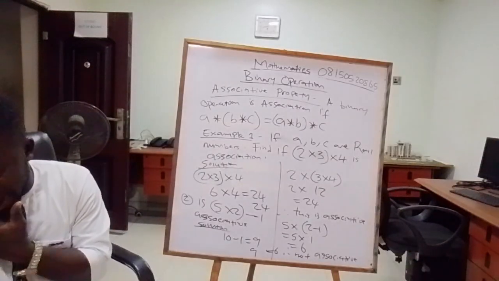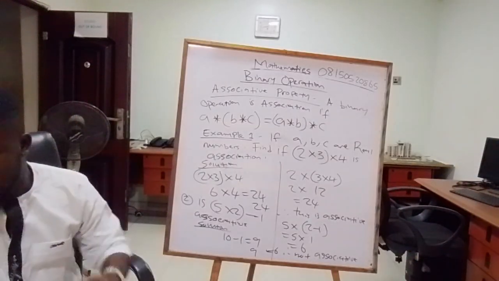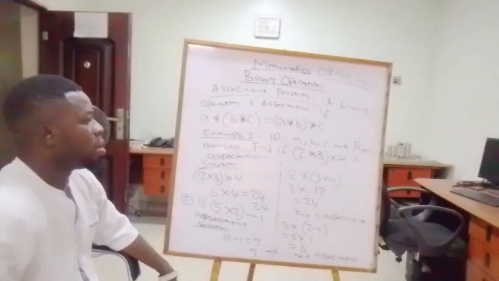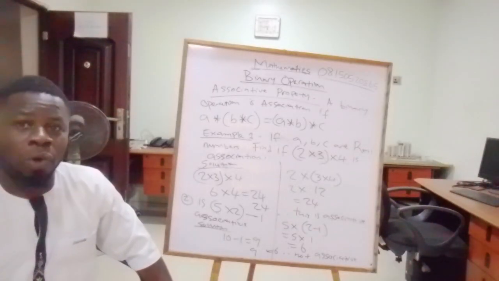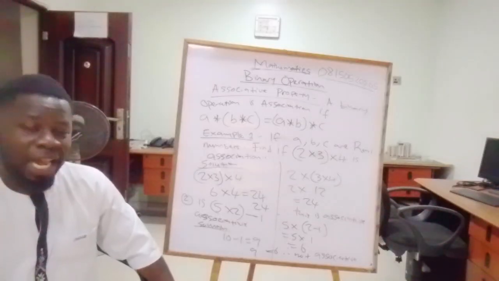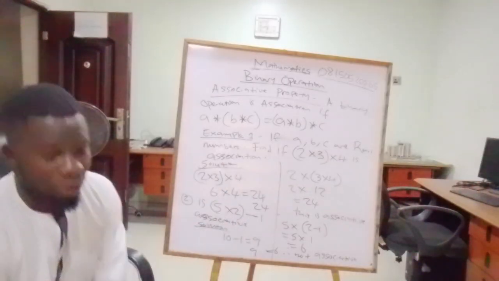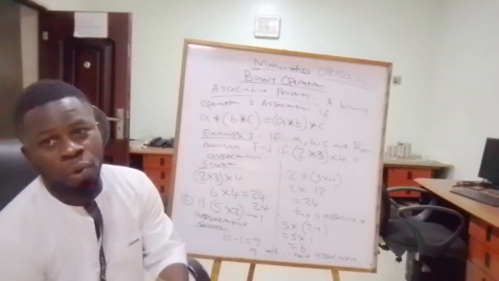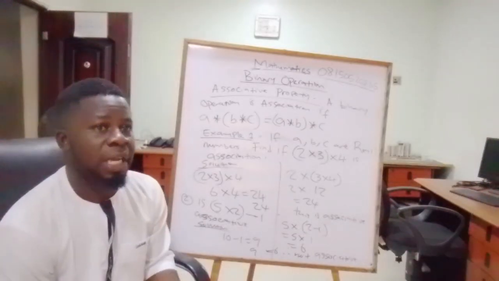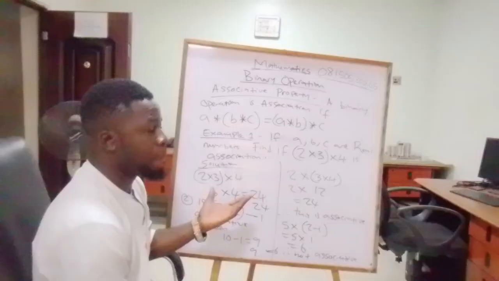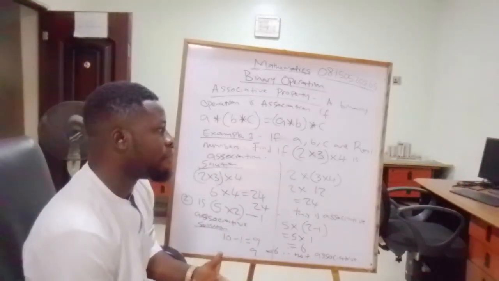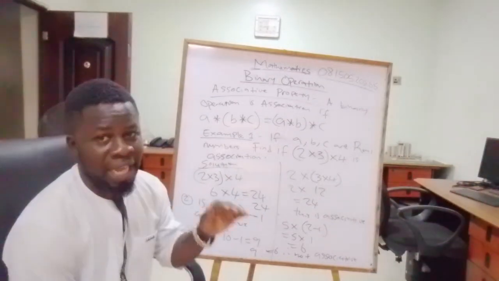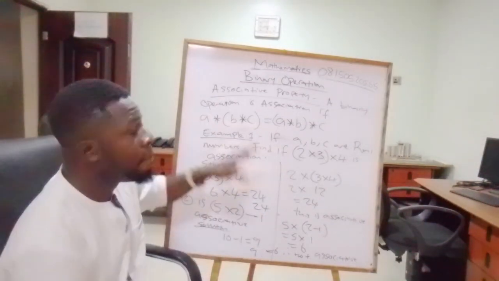Before I round up, I would like to talk about what I call identity element. That's for this particular topic. In my next class, I will continue. So this is going to be in parts. This is part 1. In part 1, I'm doing more of explanation of the terminologies under binary.